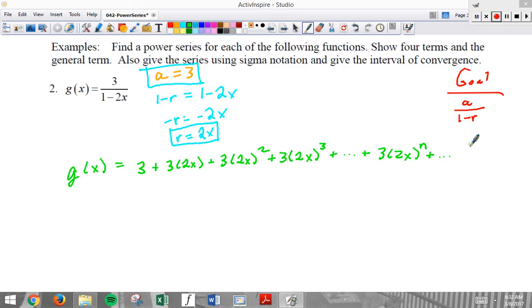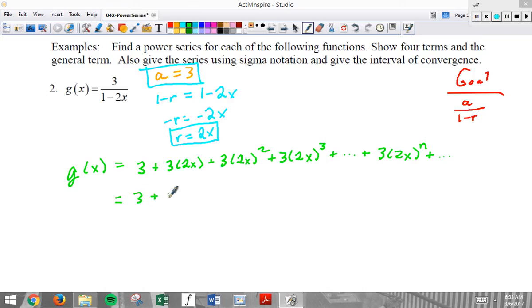I cannot emphasize enough, without this you will lose points. Why? Because g of x is not equal to anything else. It needs to have every single term, infinitely many terms. Alright, let's simplify it, see if we can't find the pattern.